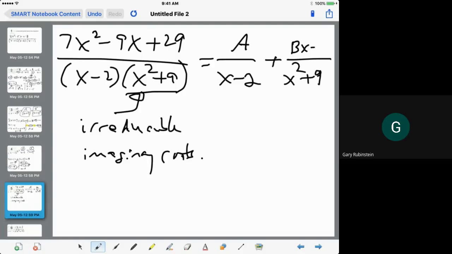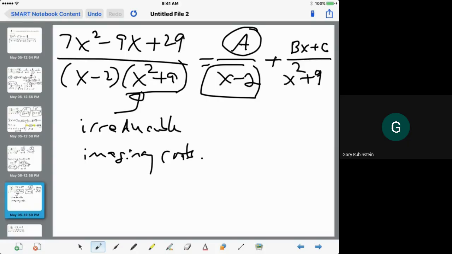Bx plus c. See, the numerator was only a constant because the denominator was linear. The numerator has to have a lesser degree than the denominator. And if the denominator is linear, there's only one way to have a smaller degree, which is to have a constant in the numerator.